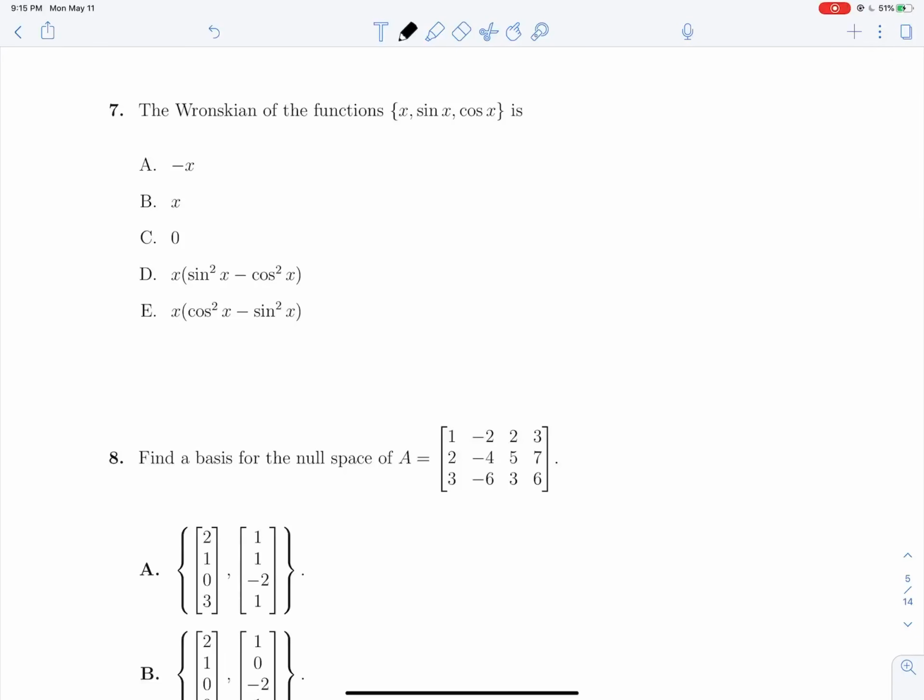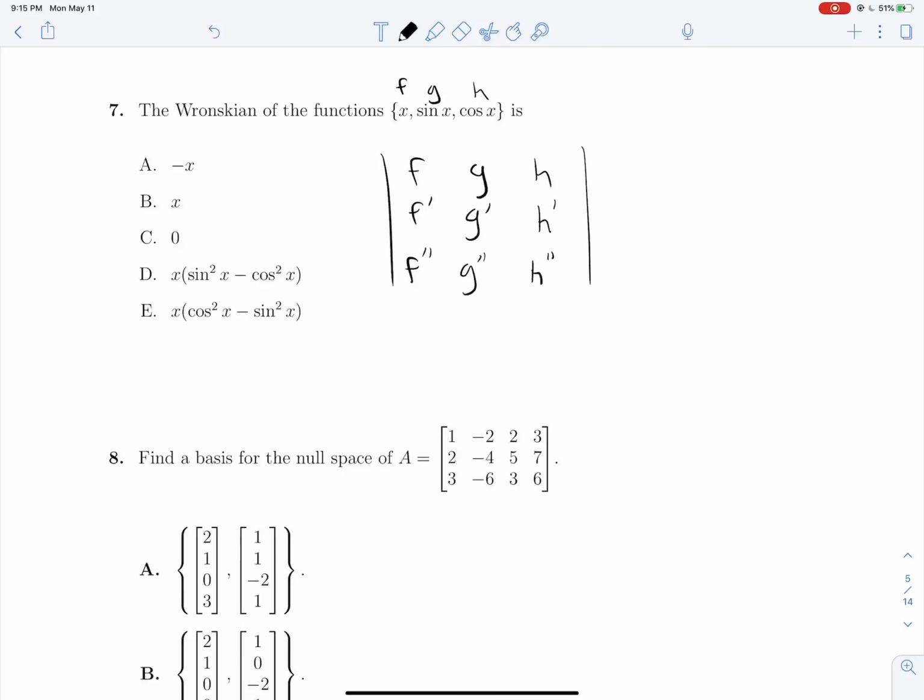Oh god, okay, the Wronskian of these functions is what? So the Wronskian, if these are f, g, and h, is going to be the determinant of f, g, h, f prime, g prime, h prime, f double prime, g double prime, h double prime.